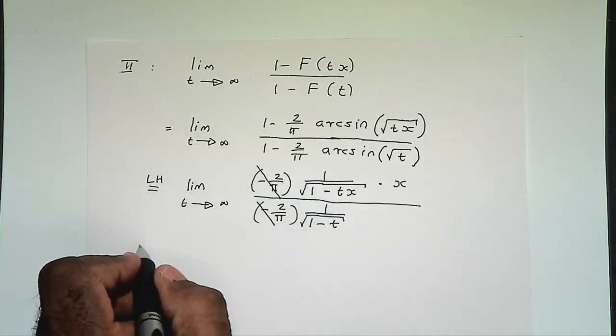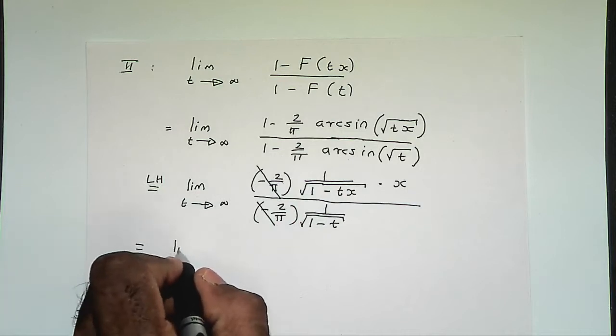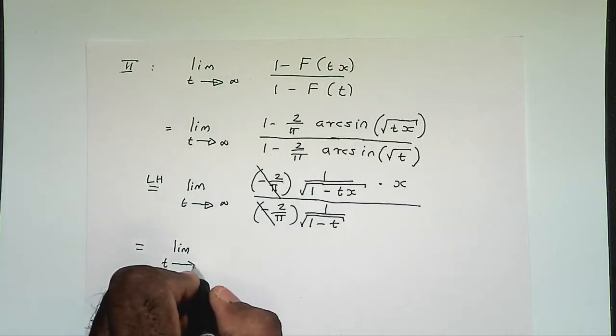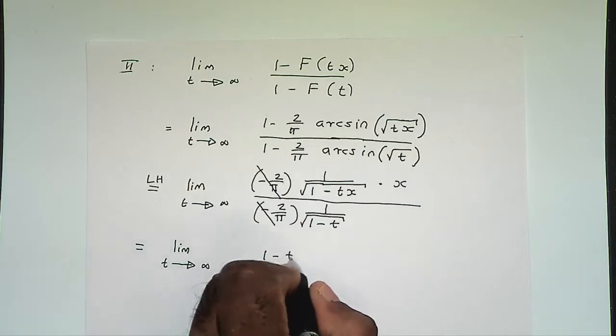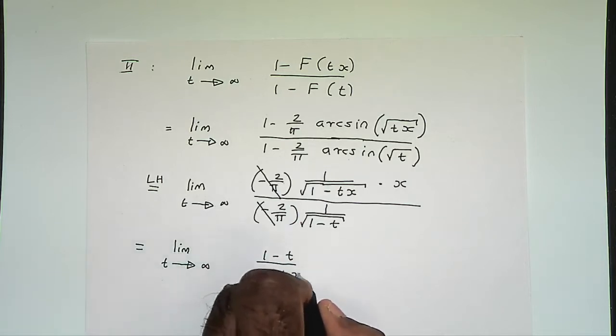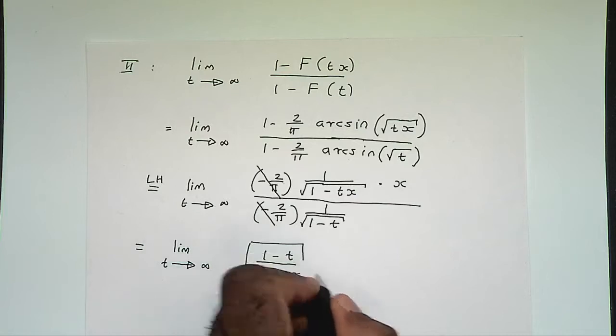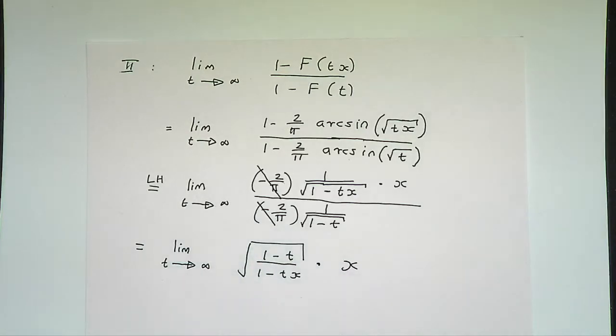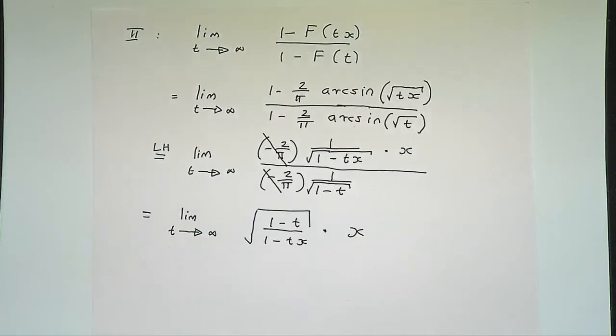So what you have is the limit as t goes to infinity of ... Right. Now we know that t goes to infinity, so ... is that arcsine root of x.